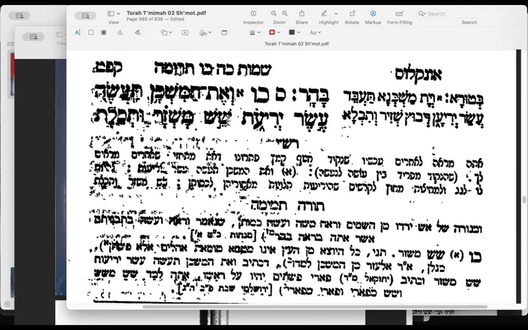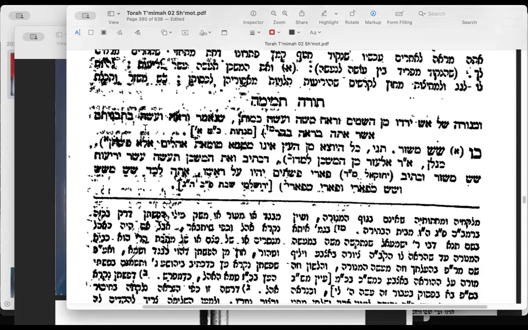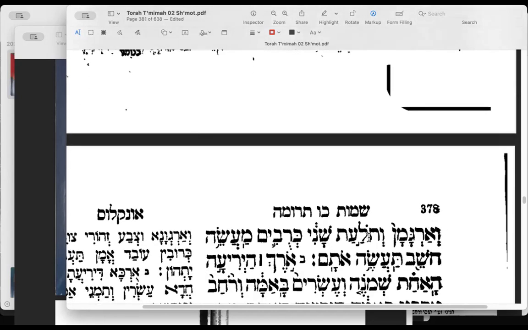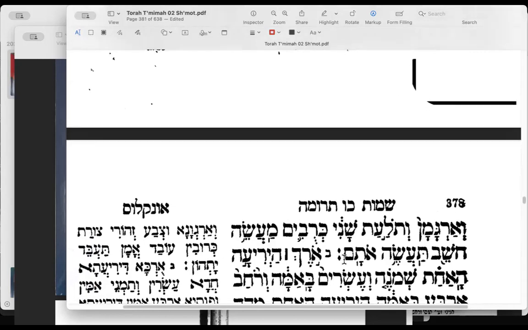Shesh moshar, twisted linen, utchelet, and blue, v'argaman, and purple, v'tola'at shani, and crimson, and I believe shani is crimson yarns. Kruvim ma'aseh choshev, they should depict cherubim that are done skillfully. Ta'aseh otam, you shall make them.